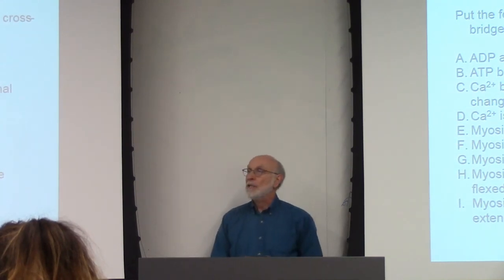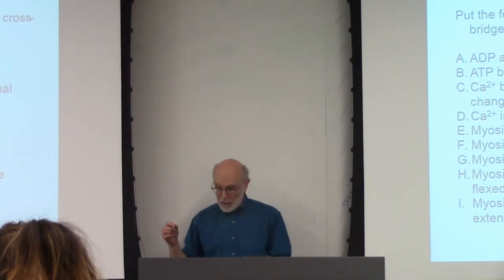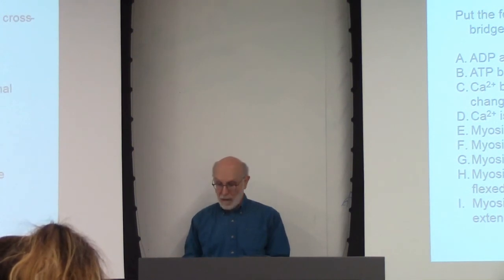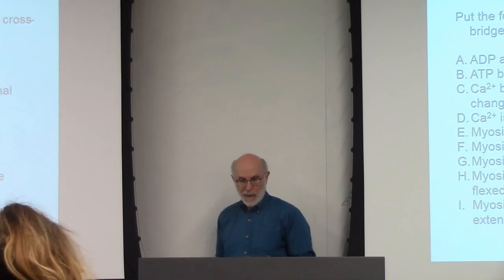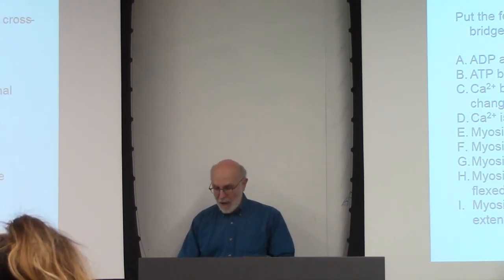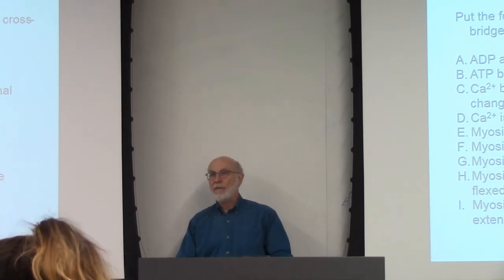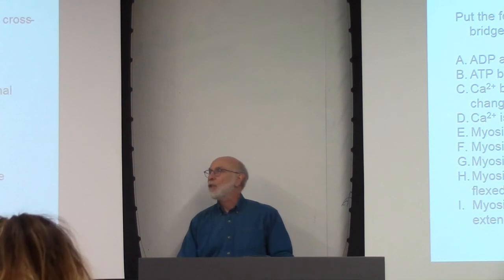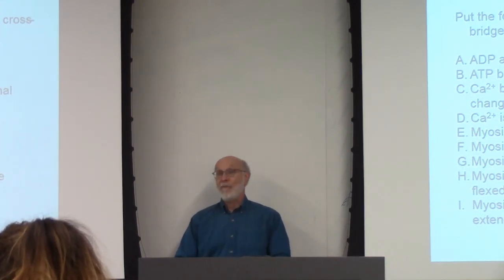Myosin undergoes a conformational change to the extended state, and then now we have a cycle. We cycle back from I to E in this scenario. So the correct answer to this one is D, C, E, A, H, B, G, F, I. Don't remember the letters. If I give you this question on the exam, I'm certain not to use the same question, even if everything might be the same except for the letters.